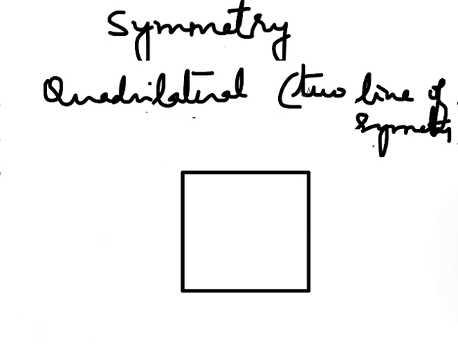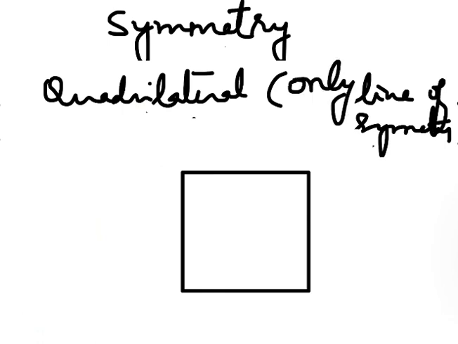All right, fantastic. So if you have to draw three lines of symmetry, is it possible? Only three lines of symmetry, any shape? Only three would be an equilateral triangle.